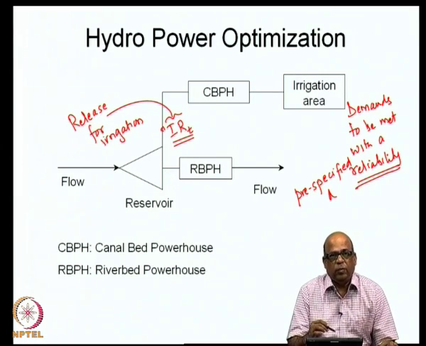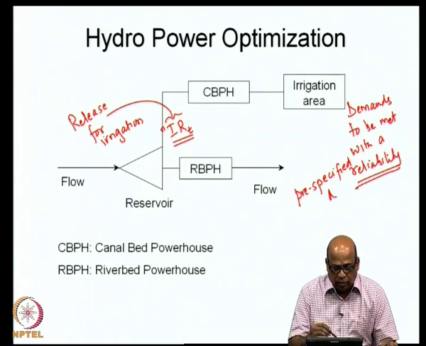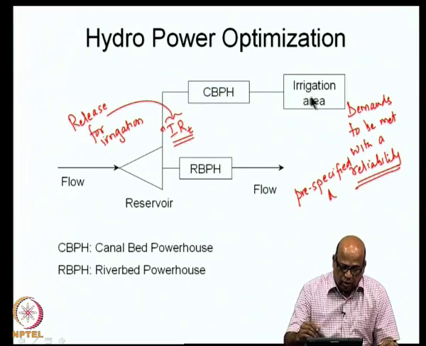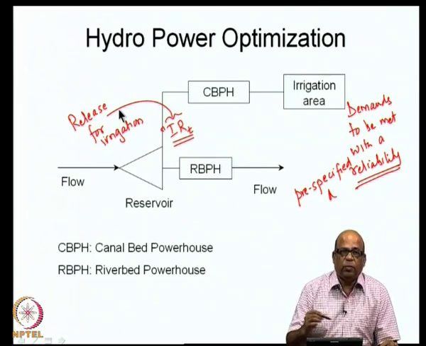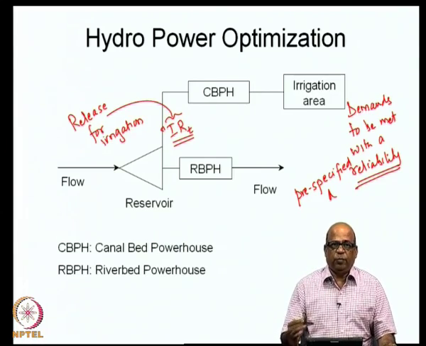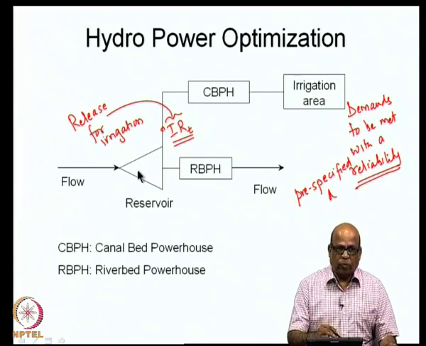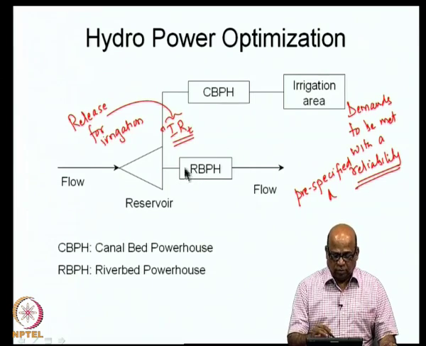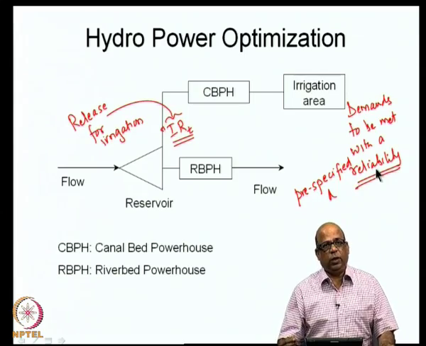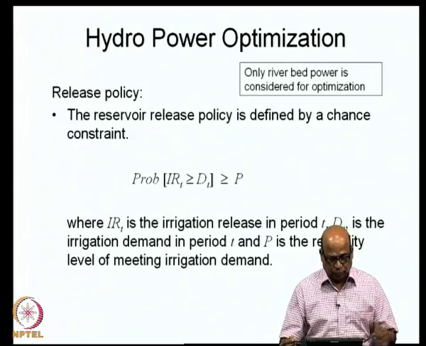Although the inflow is a stochastic variable, we convert the storage into a deterministic variable, thereby converting the release into the riverbed powerhouse into a deterministic variable, whereas the release into the irrigation canal becomes a random variable. So, we will formulate a chance constraint program to maximize the power produced in the riverbed powerhouse, subject to a certain pre-specified reliability of meeting the irrigation demands. That is the purpose now.